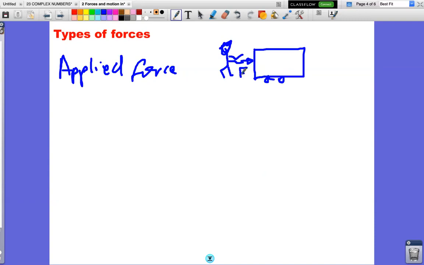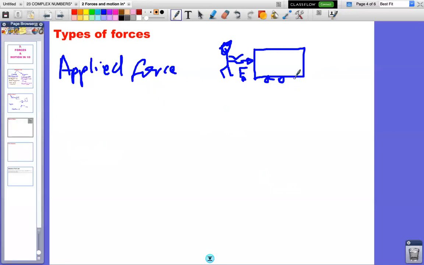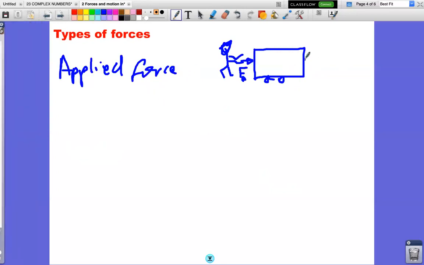In some books, they just denote it by F, or some people write F applied, but just F is enough. If somebody is also pulling, that is also an applied force. Or the engine of the car applies a force, that is the applied force.